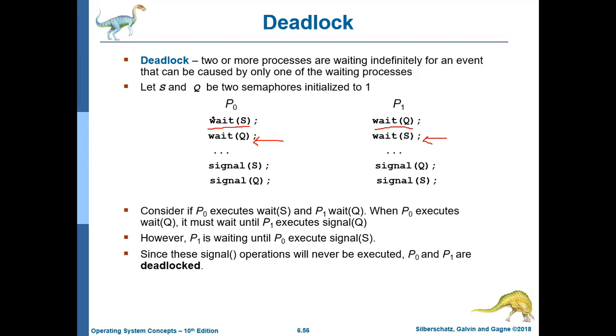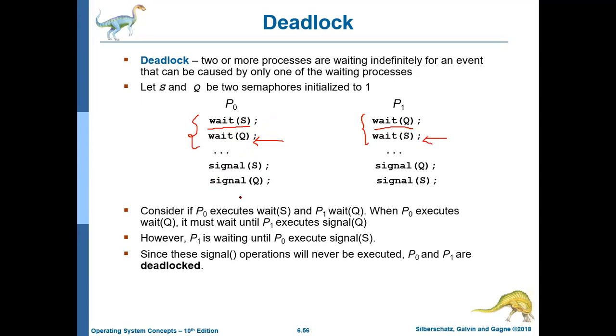What if these two lines are not executing first, but these two lines are executing first? What will happen then? Wait S, the value of S will be 0. Then it is going to wait Q, the value of Q will be 0. Both the lines will be covered. Then you are going to signal S and signal Q, incrementing them.